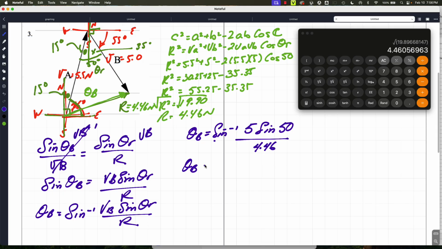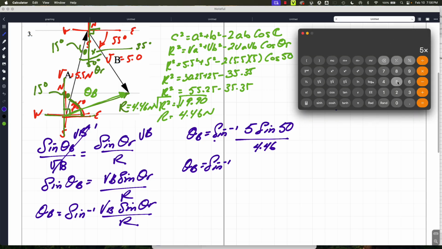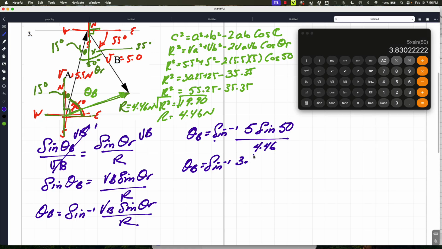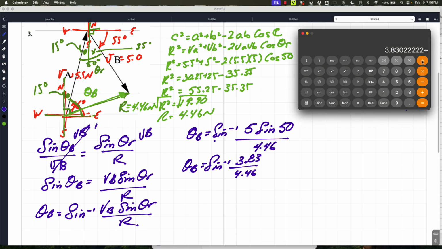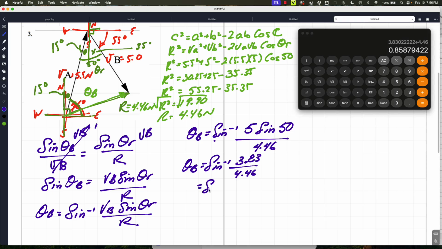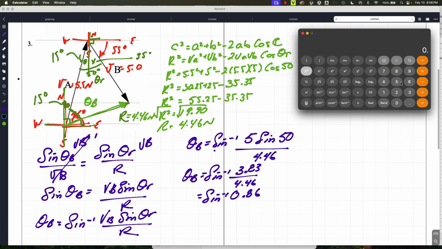So theta B equals arc sine, let's figure out what 5 sine 50 is. 5 times sine 50, that's approximately 3.83 divided by 4.46, 0.86, and we have arc sine 0.86 approximately.